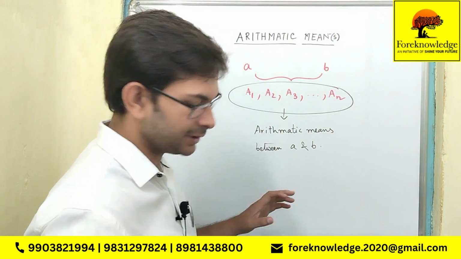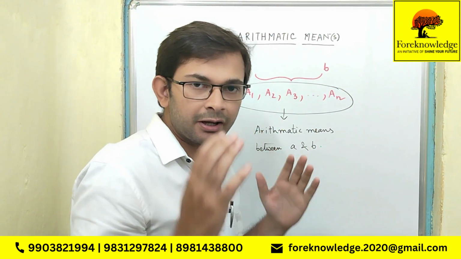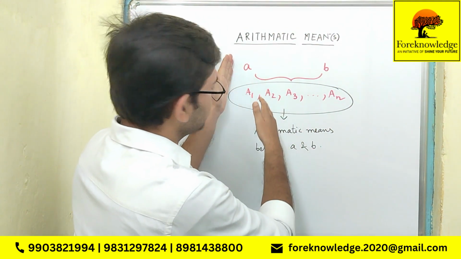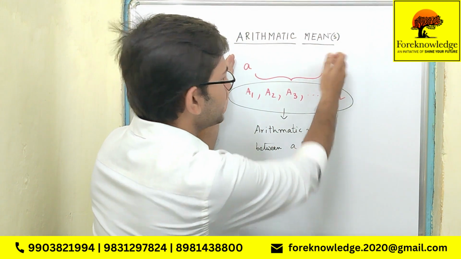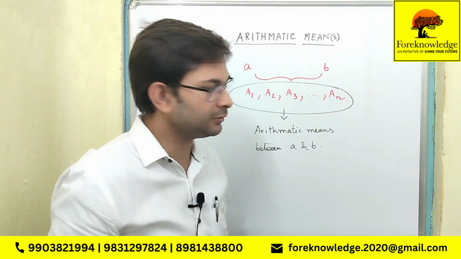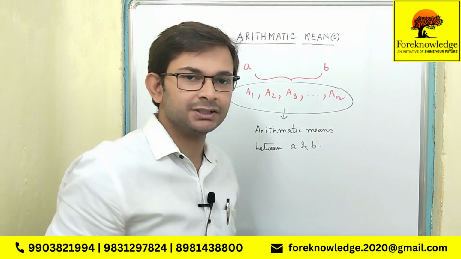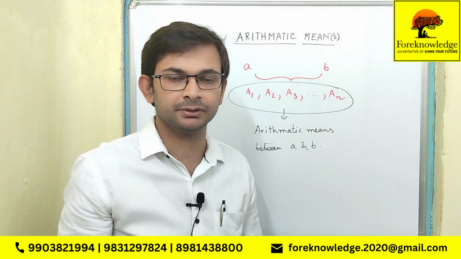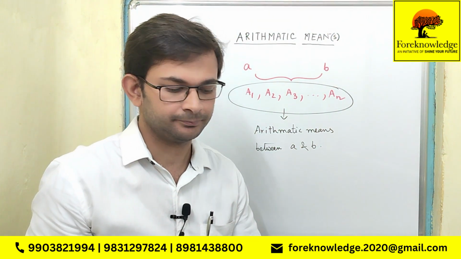So basically you have two numbers, you have to insert n quantities in between them. If the first number, the n quantities and the last number together form an arithmetic progression, then we call these n quantities the arithmetic means between A and B. Simple. Got it?